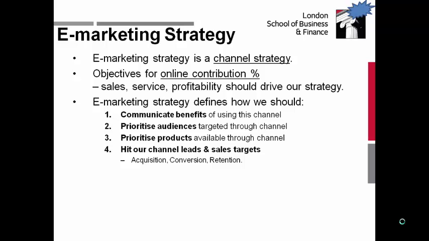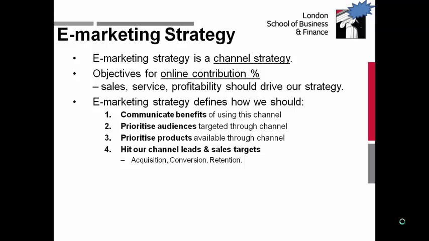So the e-marketing strategy defines how to develop the communication approach which can benefit that channel, prioritize the audiences based on the specifications, prioritize the products which are available throughout your portfolio, and hit the channels which lead to the sales target and the achievement of those targets.